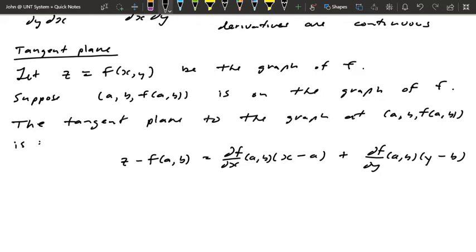If you solve for z in this equation, that's going to give you what's called the linearization of f. So that would be a function of two variables, L of x,y, where L of x,y is just solving for z.